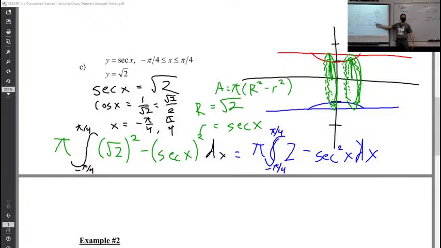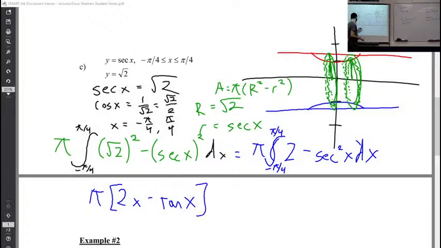An antiderivative of secant squared, well, secant squared is the derivative of tangent. And so this antiderivative is pi times, we have 2x minus tangent of x. And then we plug in pi over 4 minus plug in negative pi over 4.